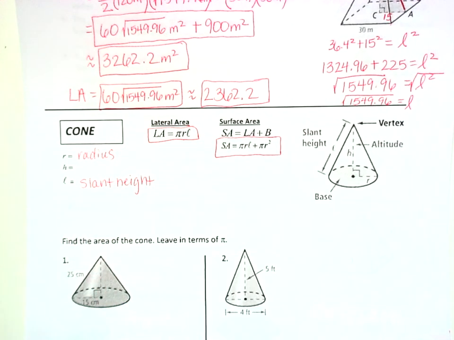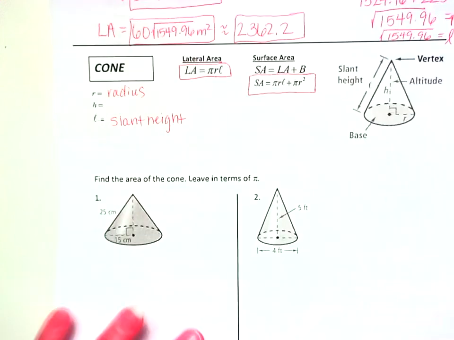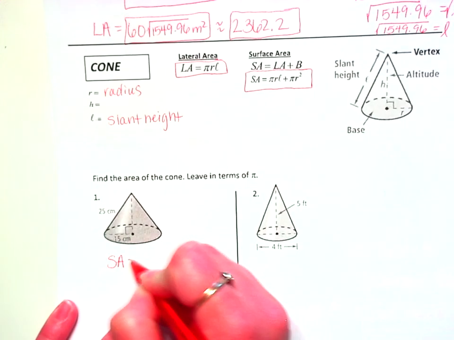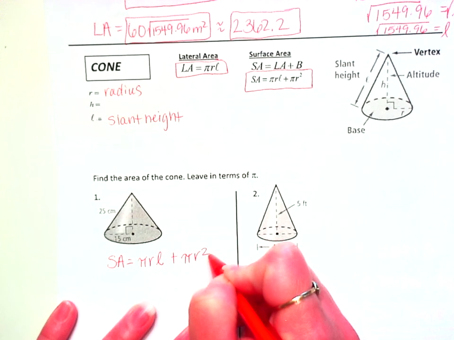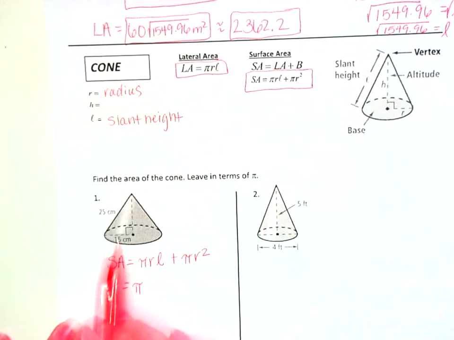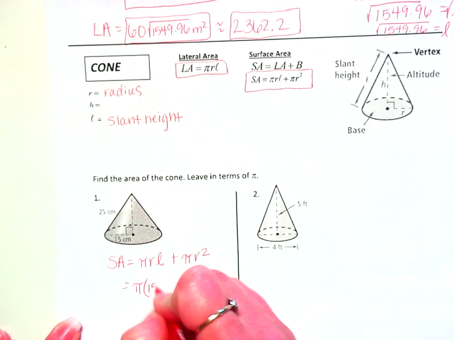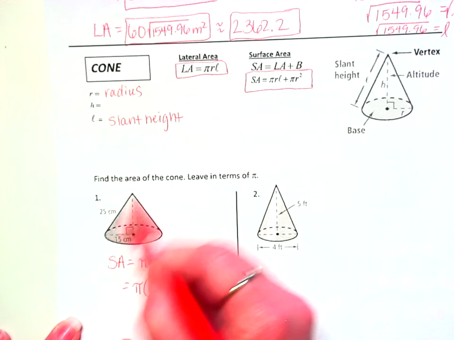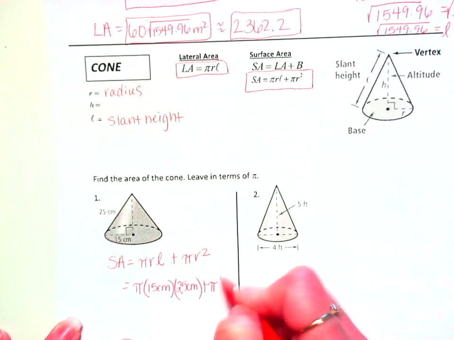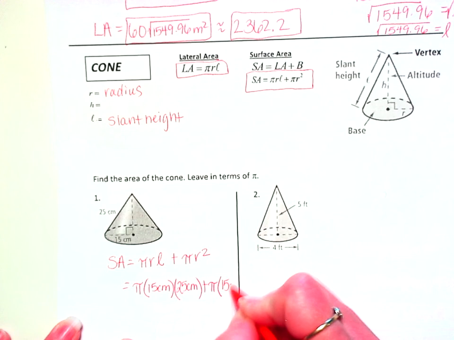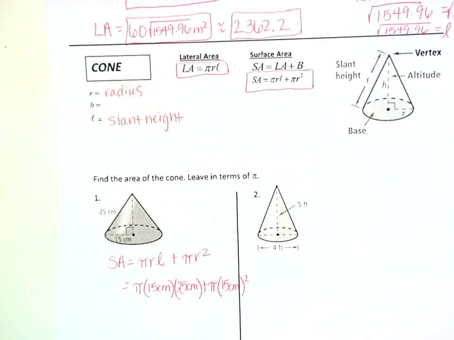Okay, so let's start with number 1. Surface area equals pi RL plus pi R squared. So our radius is 15. Our slant height is 25. Okay, I plugged everything into my formula. That was super easy. And now I just multiply these together.